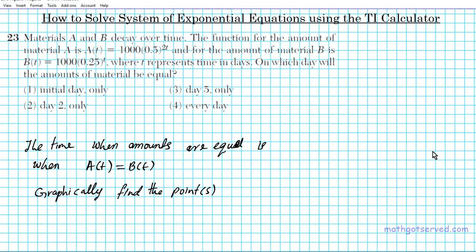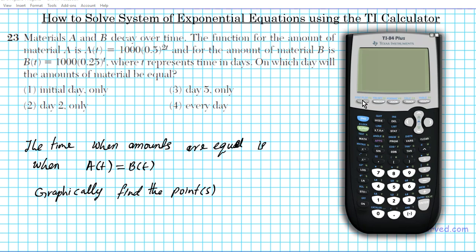So we're going to graph these two functions and see what the points of intersection are, and that will be our final answer. For the first one, we have 1000 parenthesis 0.5 raised to the 2t power, so just use caret 2t.